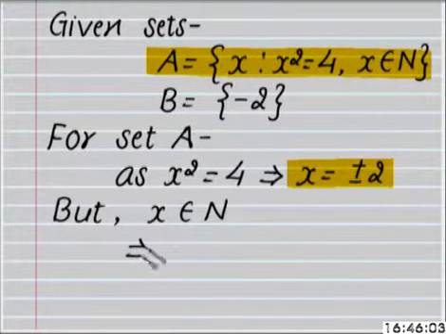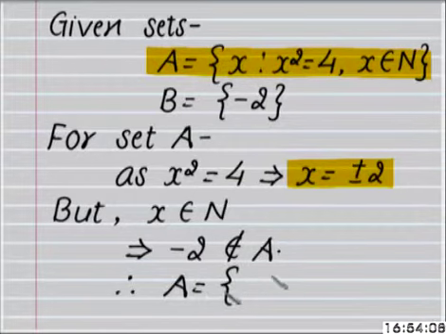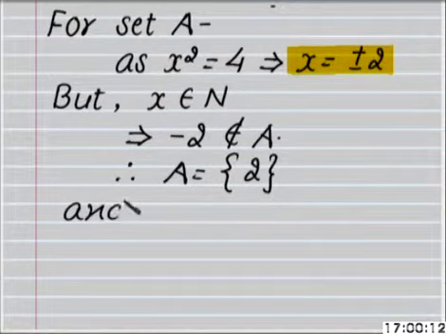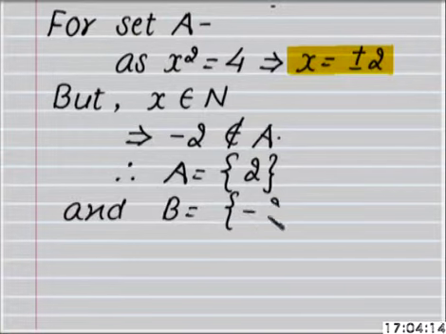This implies minus 2 does not belong to the set A. So therefore set A is the set containing single element, that is 2, and further set B is also a singleton set containing element minus 2.